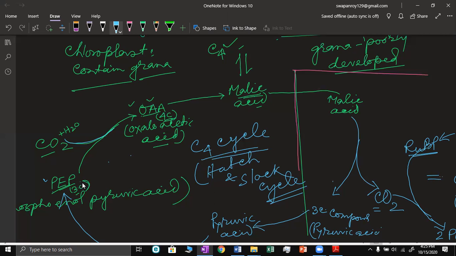Here what is the advantage of this cycle?